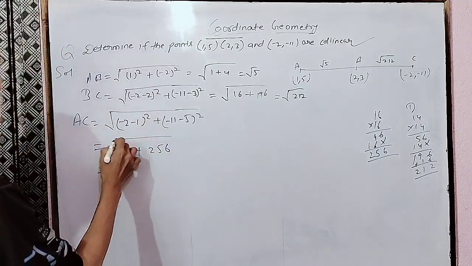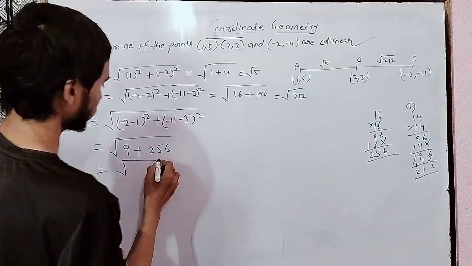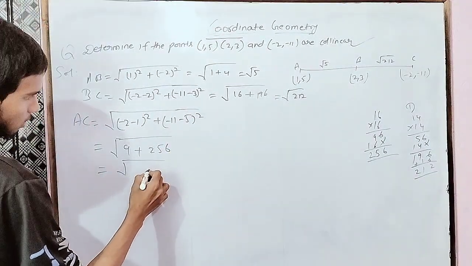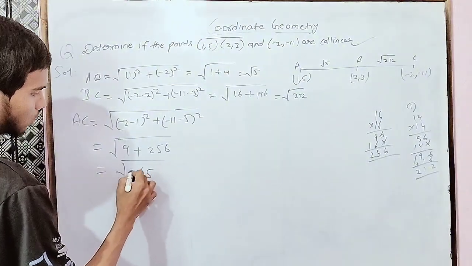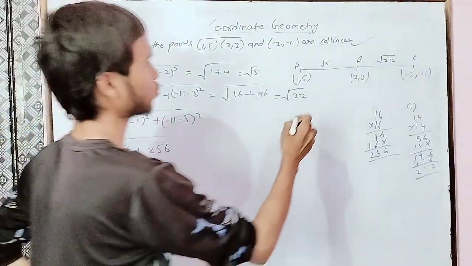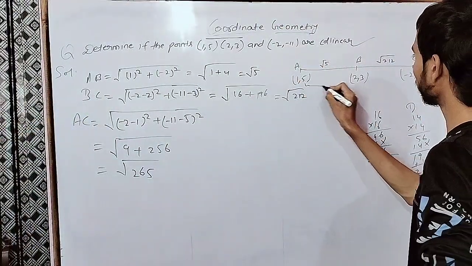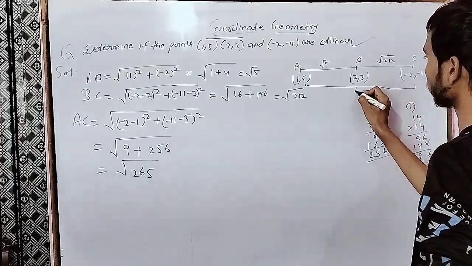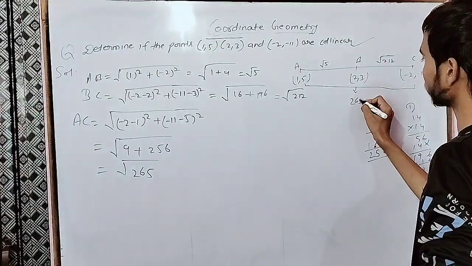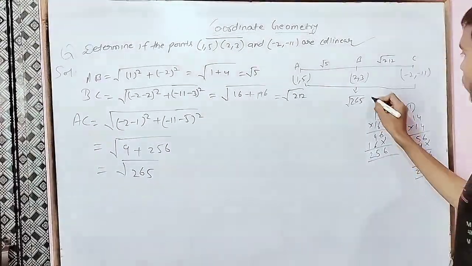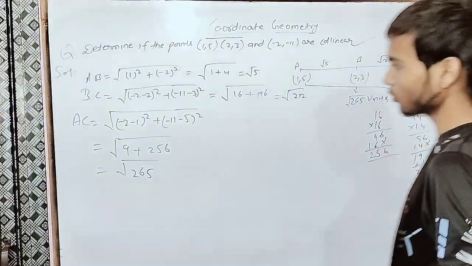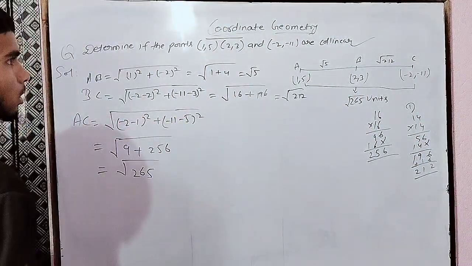So 9 plus 256 will become 265. You can say under root of 265. So from A to C is root 265 units. Now we are going to check that.